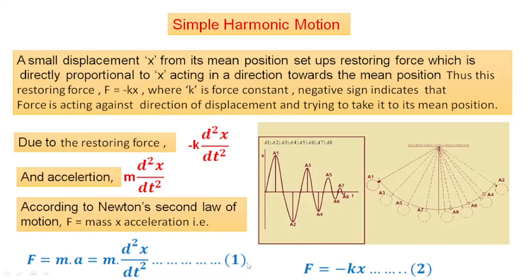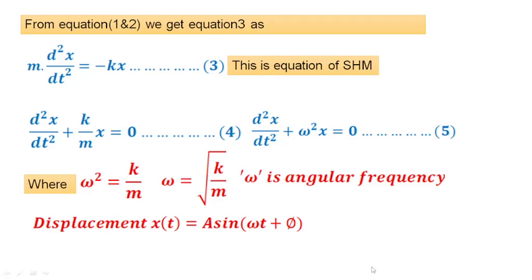Another force, the restoring force, will try to take that object to its mean position or original position. F is equal to minus kx. Suppose this is equation 2. From equations 1 and 2, we get equation 3 as m into d2x by dt2 is equal to minus kx.